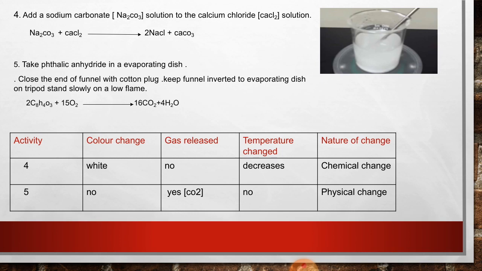This is a balanced reaction, I have balanced this reaction. So what do we get? We get carbon dioxide, which is a gas. There is no temperature increase, but it is a physical change, where carbon dioxide is a gas and H2O is water. So gas and liquid are obtained as products.